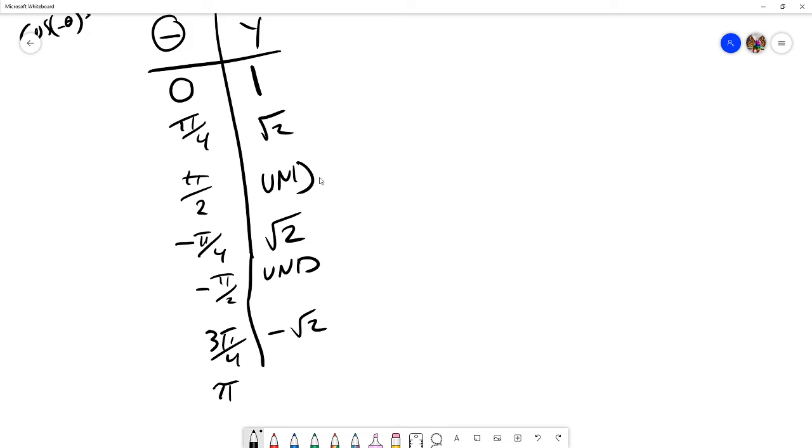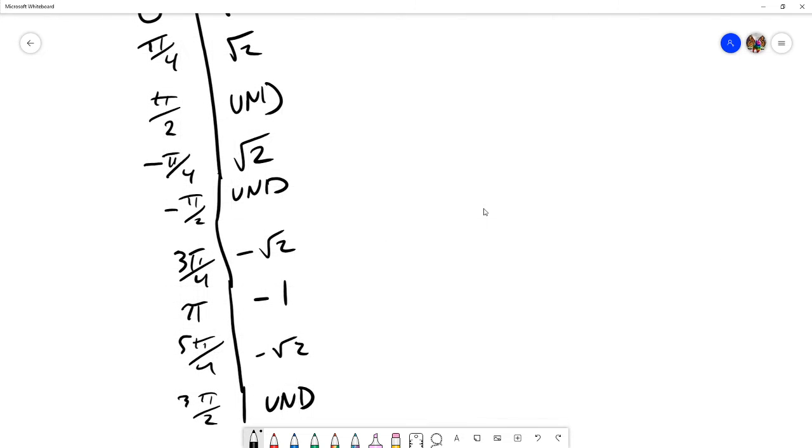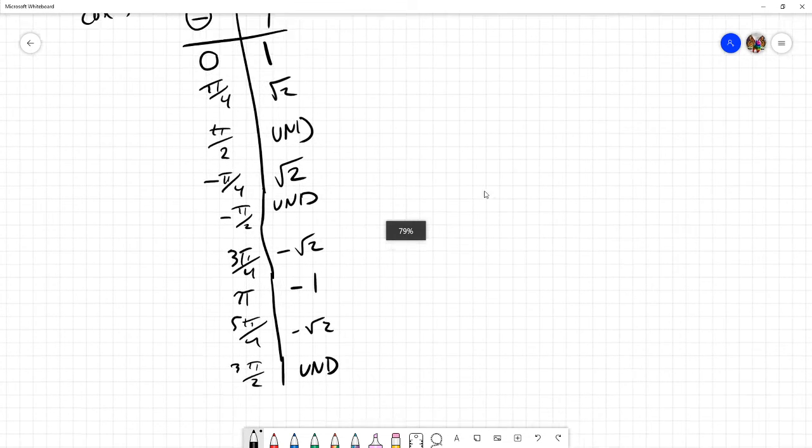And when we do pi, we get negative 1. And similarly, 5 pi over 4, negative root 2. And then notice, if I plug in 3 pi over 2, we get undefined. Alright, so we've identified 3 asymptotes.